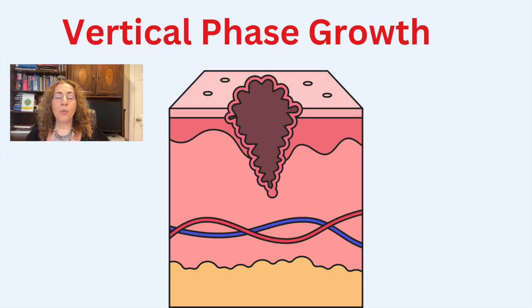It is the vertical growth phase. As the cancer progresses, melanoma cells begin to invade deeper into the dermis and potentially into the subcutaneous layer. This phase is more dangerous as it opens the possibility for the melanoma to metastasize to other parts of the body through the lymphatic system or bloodstream.